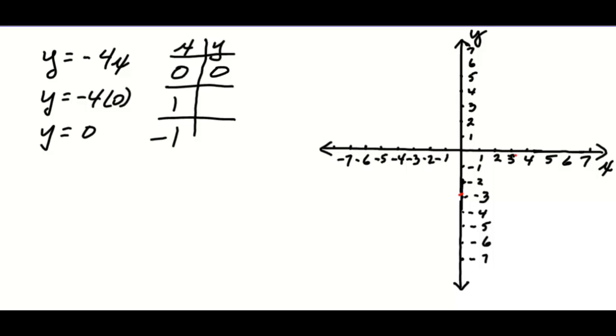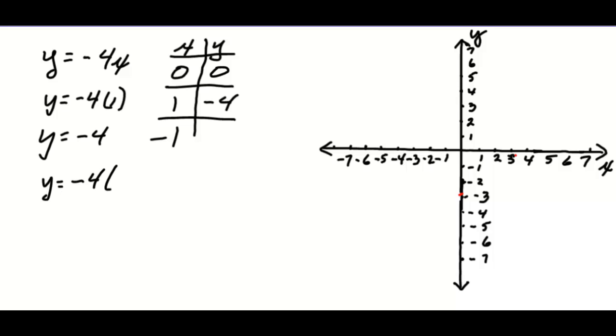All right, taking a look at the other two, if x is equal to 1, y equals negative 4 times 1, then y would be equal to negative 4. And in the last one, if we had y equals negative 4 times negative 1, then we would have y equals 4. Now I'm just going to plot the points.